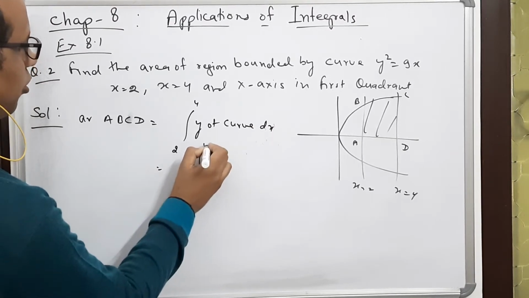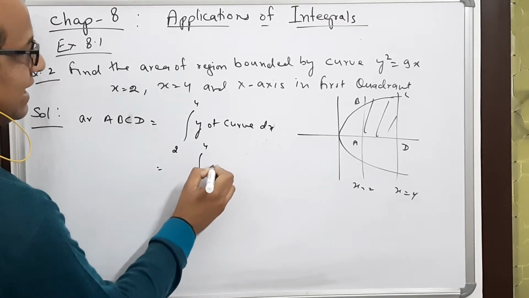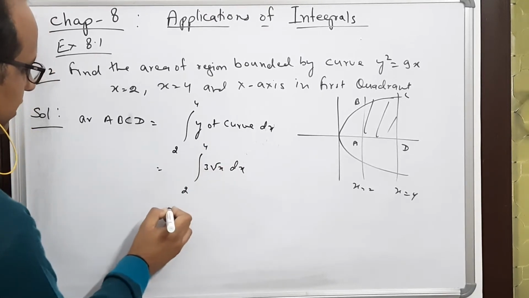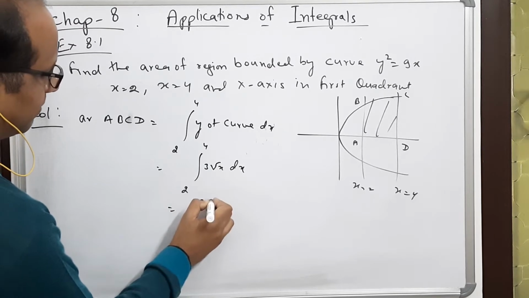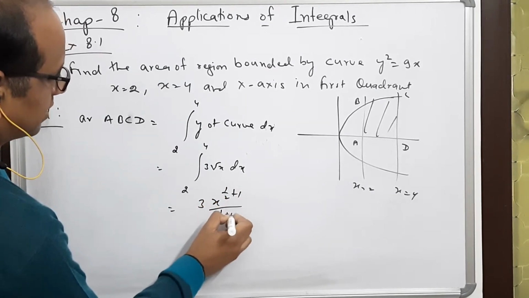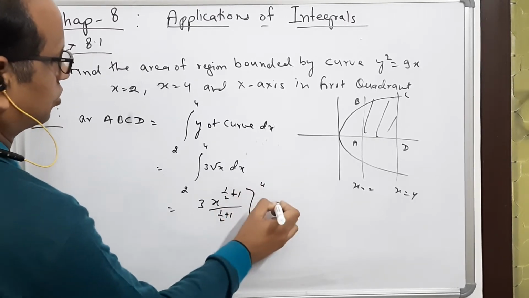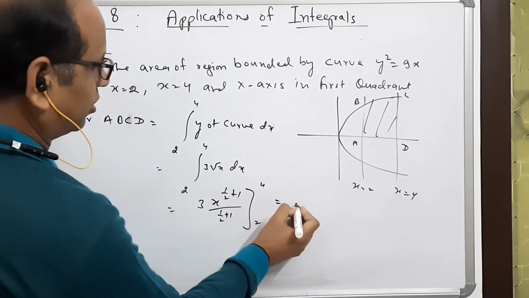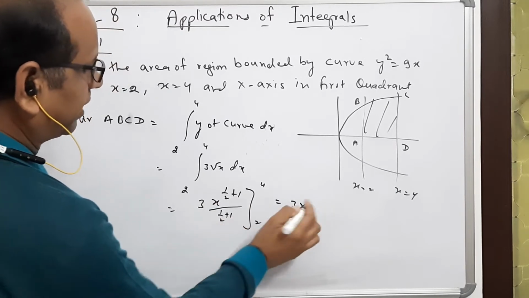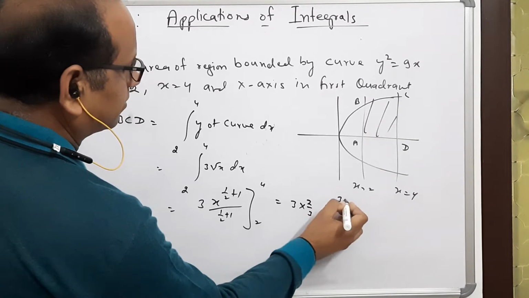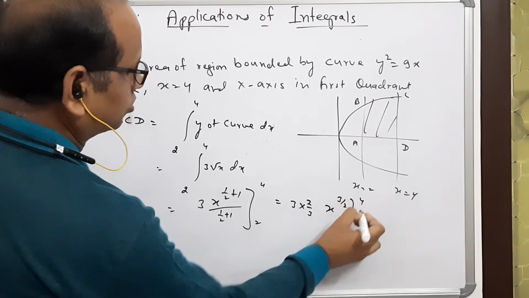So y of the curve is 3 root x dx. The next part is 3 x power (1/2 + 1) over (1/2 + 1), with limit 2 to 4. That is not the big part, you can manage at this step. Still, I am explaining: 3 into 2/3 will be 2, x power 3/2, with limit 2 to 4.